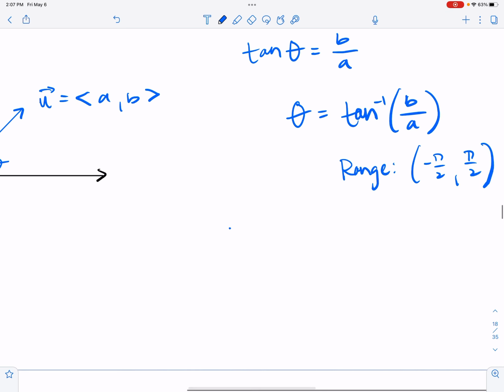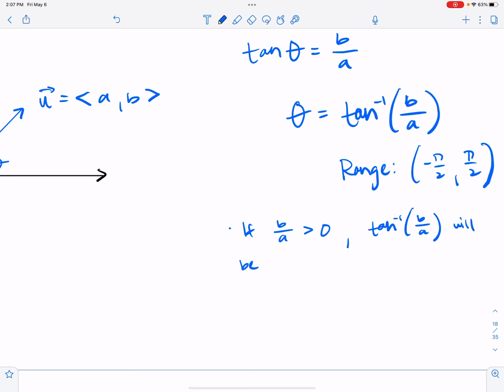If B over A is positive, that means that inverse tan of B over A will represent a positive angle from quadrant 1.